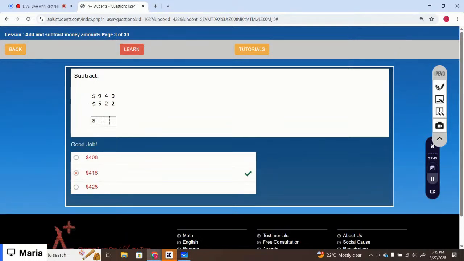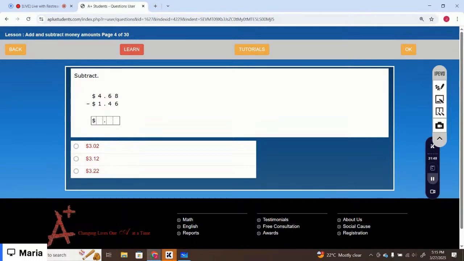That is $418. 47.68 minus 1.46, so which is the correct option? That is $3.22.